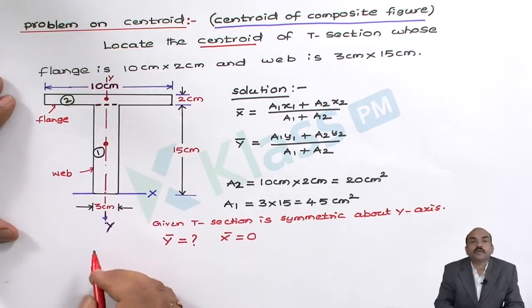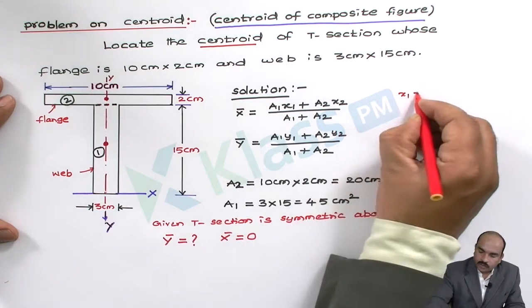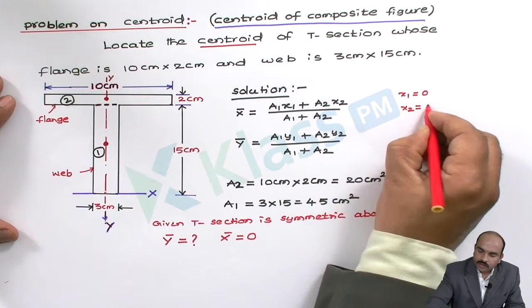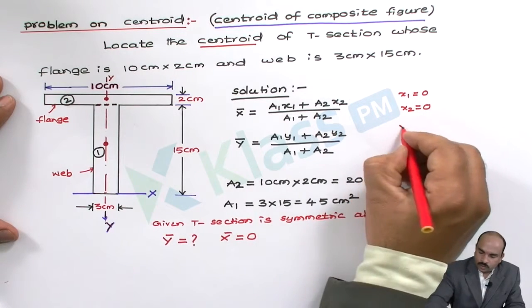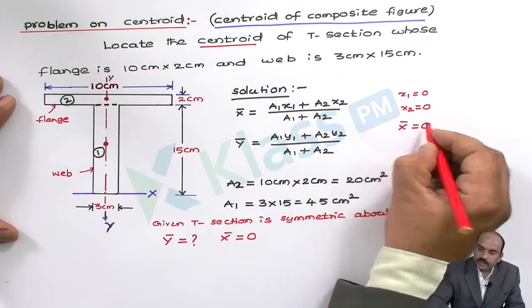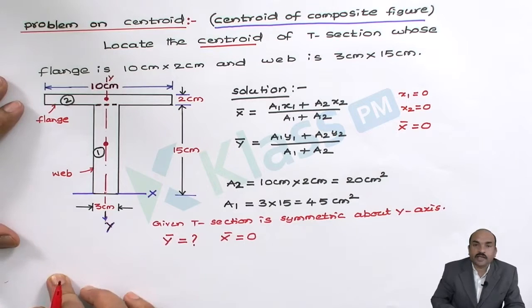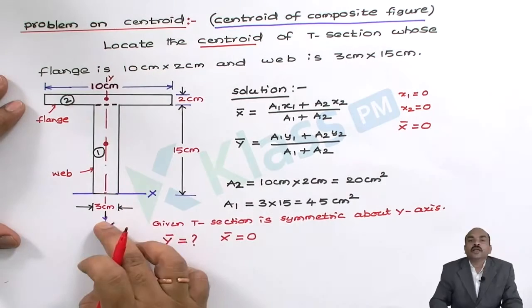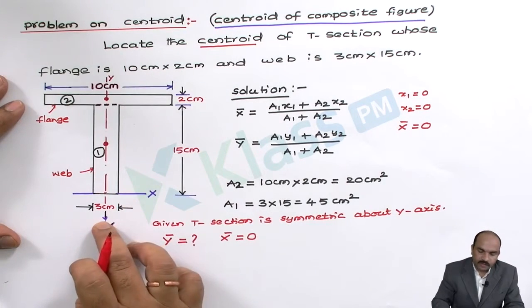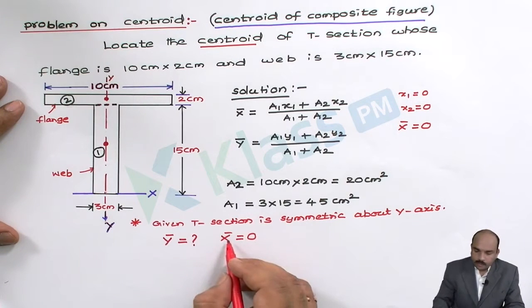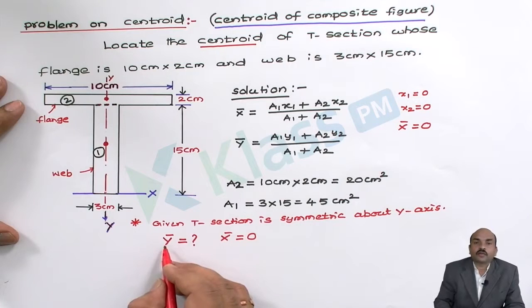So both values will be 0. So total x bar will be 0 because of this symmetry. Remember, whenever the diagram is symmetric about the y-axis, you will get only y bar. The other value will be 0. That point you have to remember. So x bar is 0, and we have to calculate only y bar.